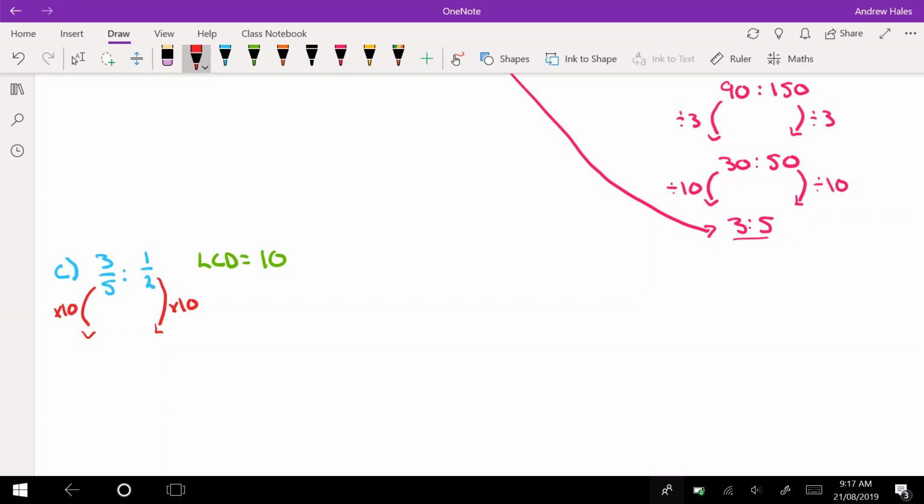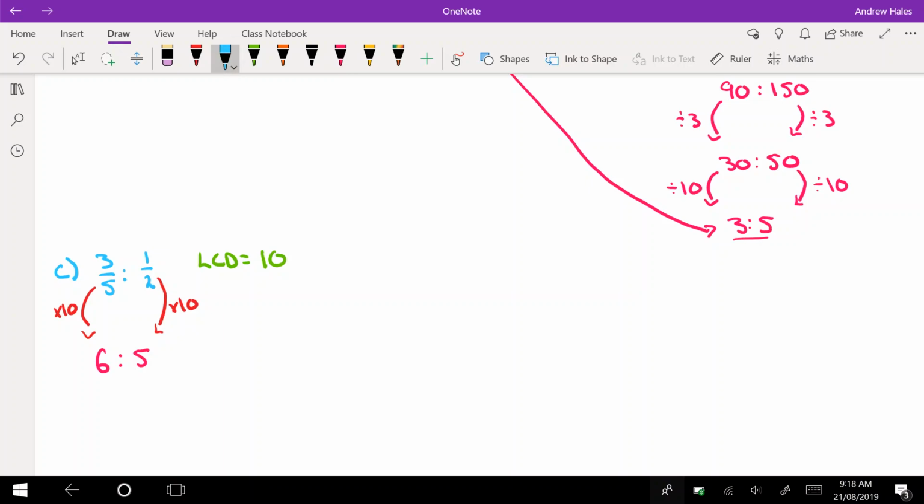So 3/5 times by 10, well, that's going to give me 30 over 5, and 30 over 5 is 30 divided by 5, which is 6. 1/2 times 10, well, that's 10 divided by 2, and that is going to be 5. So that simplified ratio is now just 6 to 5.